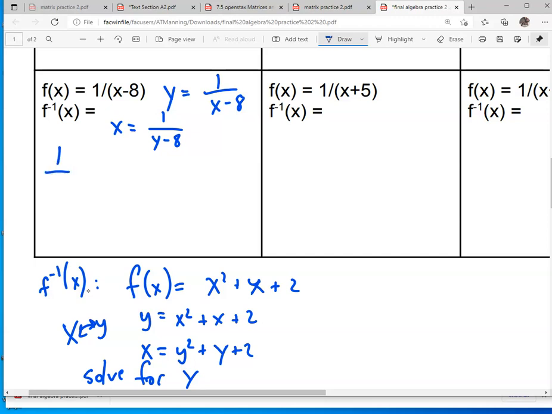So 1 over x equals, well, 1 over y minus 8 is the same as y minus 8. And now I can add 8 to both sides, and I have solved for y. 1 over x plus 8 equals y. See how adding 8 to both sides? So therefore, f inverse of x equals 1 over x plus 8.